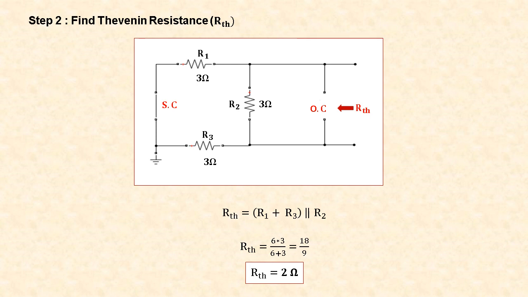So RTH is equal to (R1 plus R3) parallel R2, which is equal to 6 into 3 divided by 6 plus 3, since R1 plus R3 is equal to 6. So RTH is equal to 18 by 9, which is 2 ohms. Thus the Thevenin's resistance is 2 ohms.